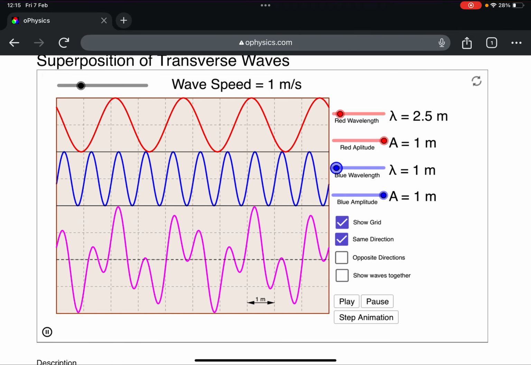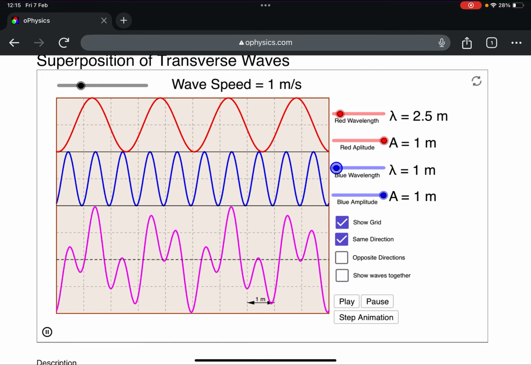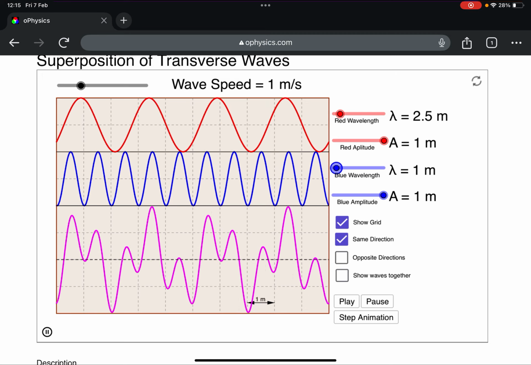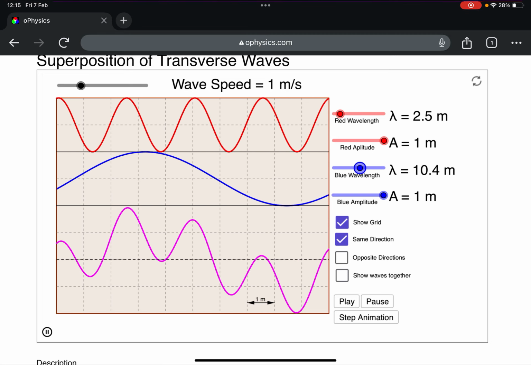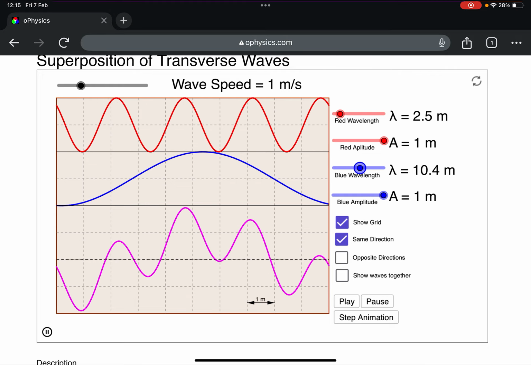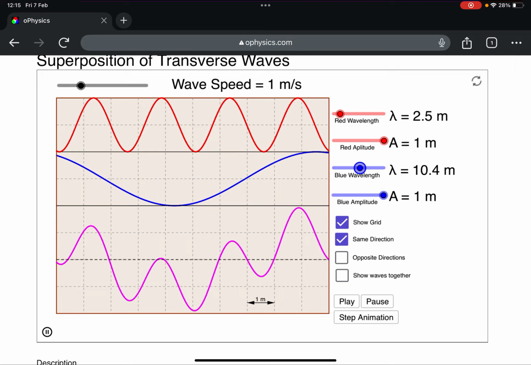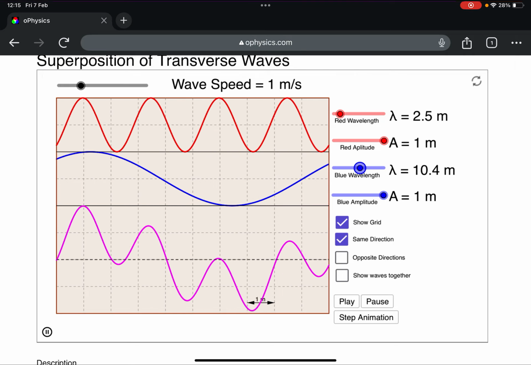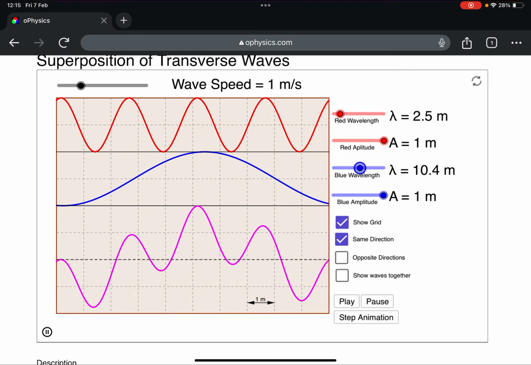It's not as clear as it was before. We would describe those two waves as now being incoherent. If I keep changing the wavelength of the two waves, you can see it's oscillating according to both the red and the blue wave, isn't it? That is not as clear an interference pattern.